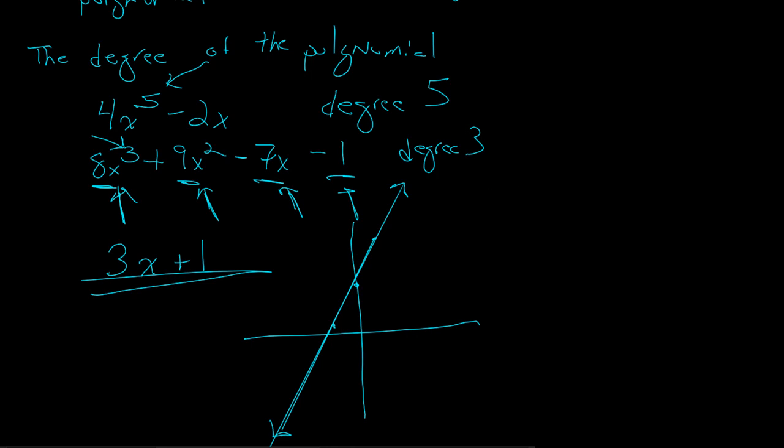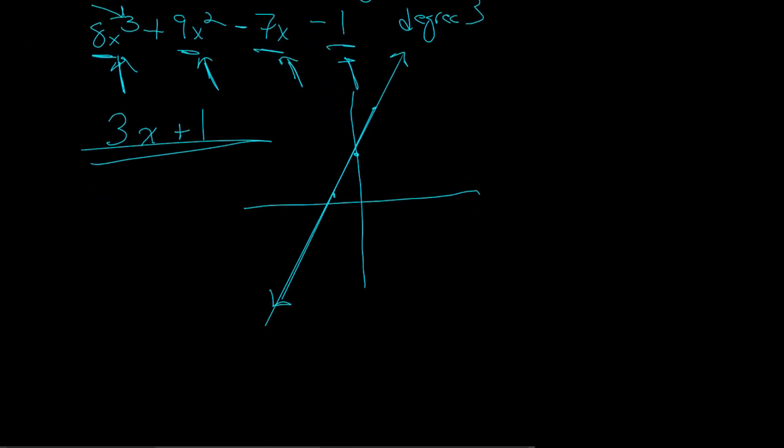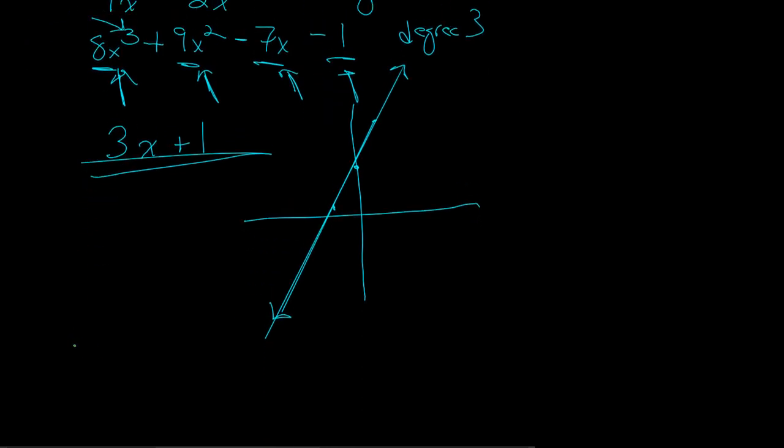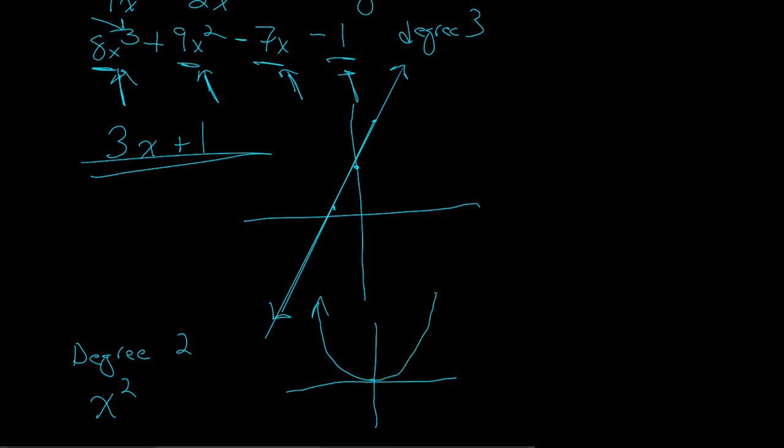Well, degree 2 polynomials, I'm going to hint at something that'll become a little more important in a day or two. Degree 2 polynomials, the simplest one is x squared. That doesn't form a line. It forms this shape called a parabola.